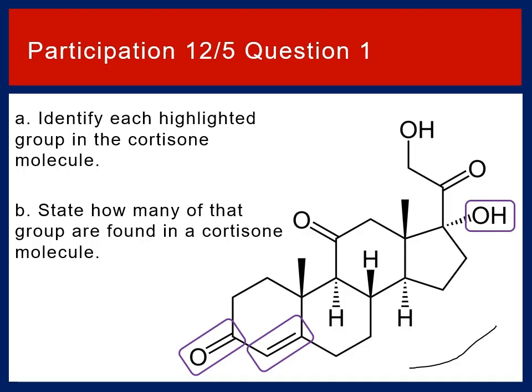This is the first question on participation 12.5, due Friday, December 5th at 11:59 p.m. over on Blackboard. Link to the assignment is right below the links to these videos. Again, identify each highlighted group in the cortisone molecule. So 1, 2, and 3. What are those called, and then how many of each of those are found in one molecule of cortisone. I've highlighted one of them, but there may be others. So how many of each of them are in the molecule?